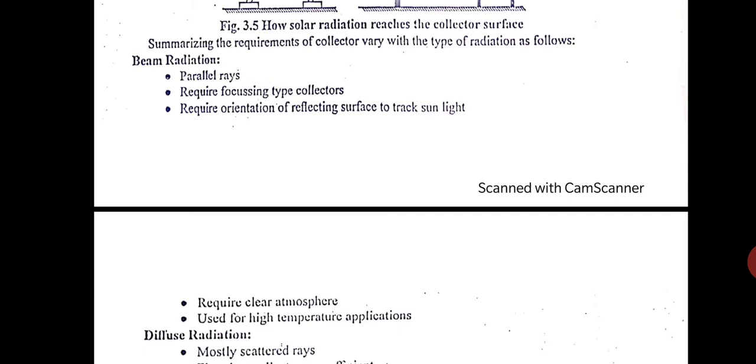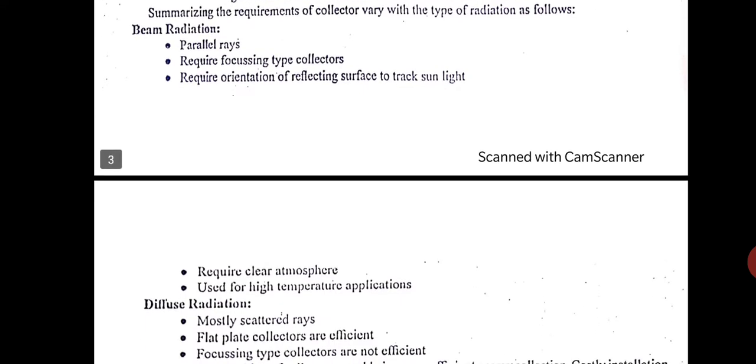The sunlight comes from the horizon at 0 degrees to the vertical and then goes back to the horizon, so 180 degrees. So when the sun comes, we want to track the sun so that the maximum amount of energy we are getting on the surface, whether it is a photovoltaic surface or a solar thermal receiving device, it should receive directly beam radiation and not diffuse radiation. That is why you have got something called a tracking device.